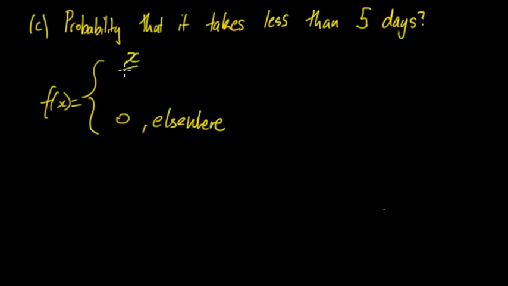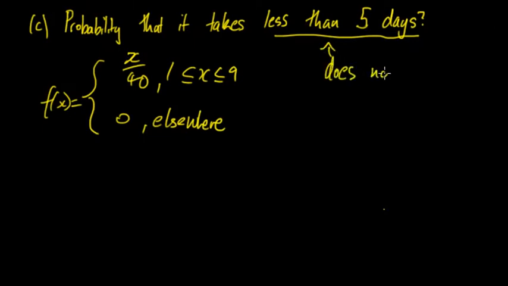So we have x on 40, and 0 outside of 1 to 9. First thing is less than 5 days. So it does not include 5. But it takes less than 5.